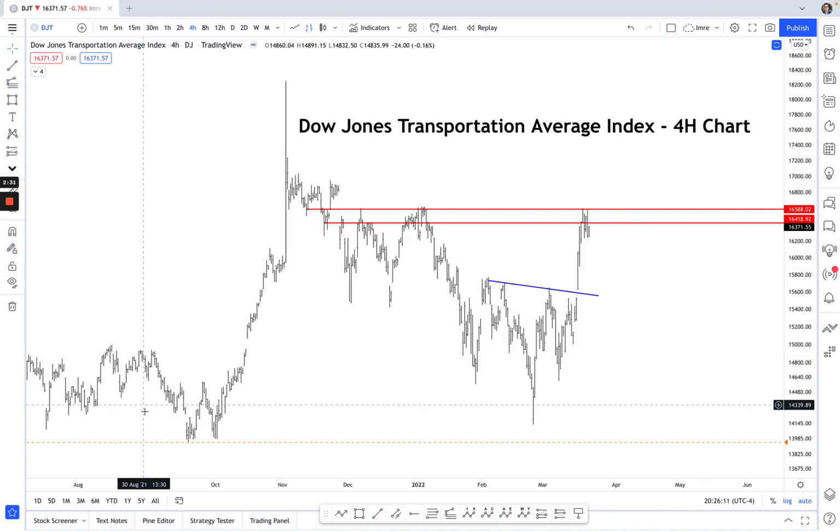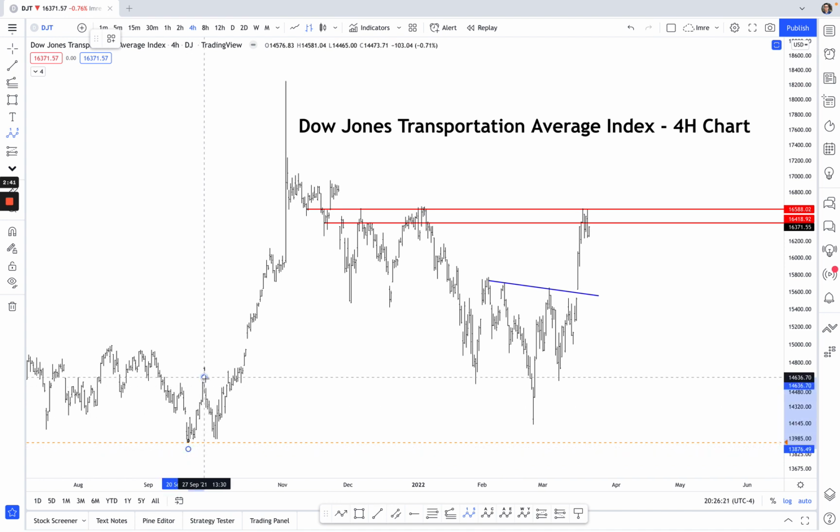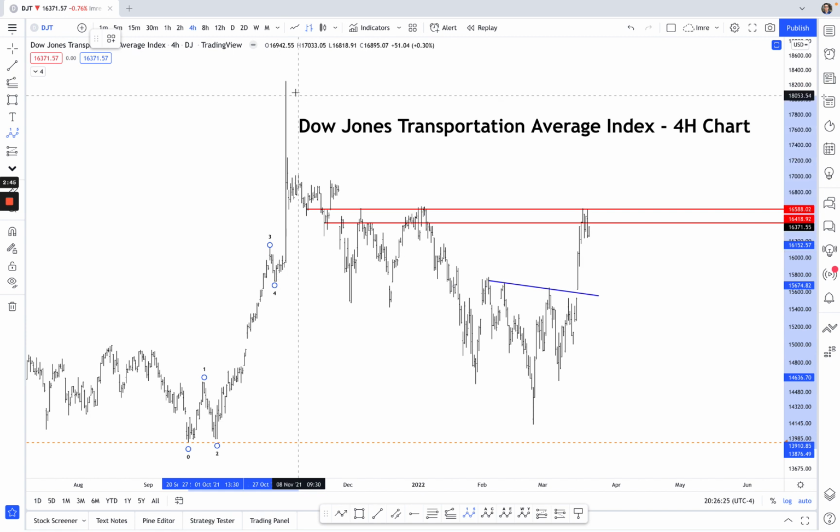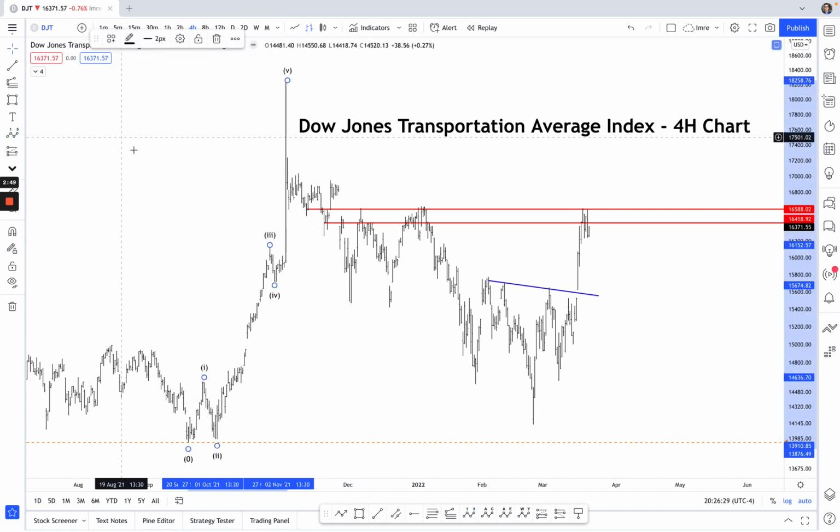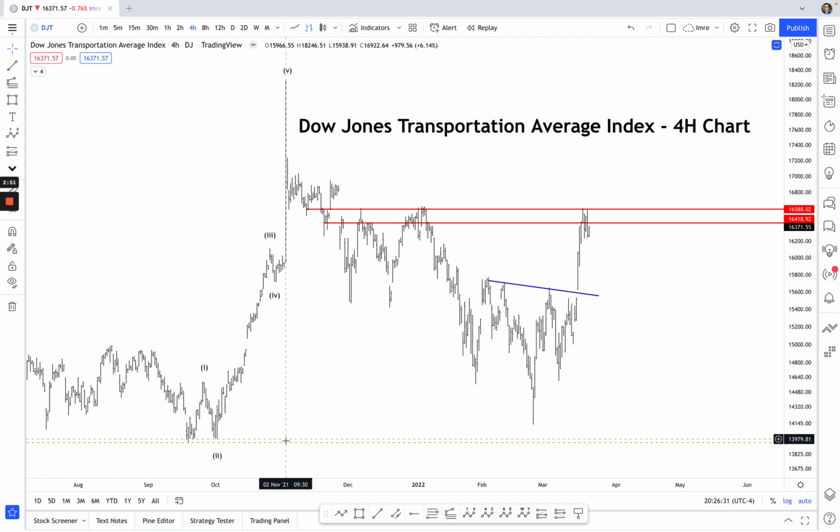Well, it starts off with being able to count a 5-wave advance from the lows on September 20th, 2021. So I'm going to label that right now. 1, 2, 3, 4, 5. Pretty straightforward, I think. So we have a 5-wave advance, which tells me that the direction of the greater trend must be higher.